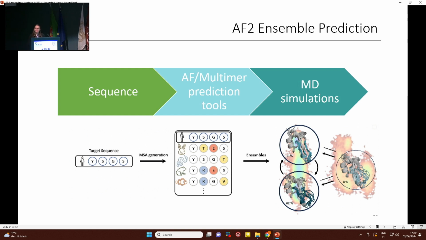Also there, new tools are coming out every other week, different ideas of how to change the underlying multiple sequence alignment in AlphaFold allows to capture different conformational states. The question is, are those states actually within the observed structures for antibodies and also for other proteins? Can we capture different conformations?